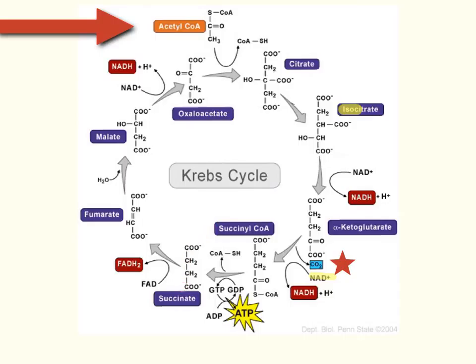Succinyl-CoA then becomes succinate. Phosphorylation occurs, and GDP is phosphorylated to become GTP. Next, a phosphate group comes in and converts ADP to make ATP. The next step involves an FAD ion coming in from the matrix to oxidize succinate and form FADH2.